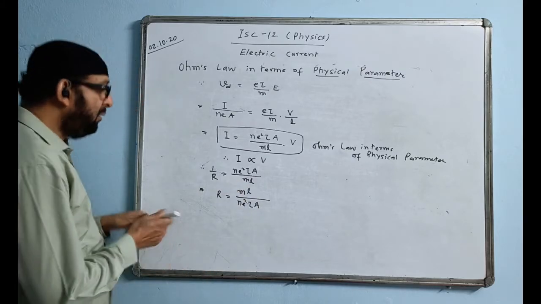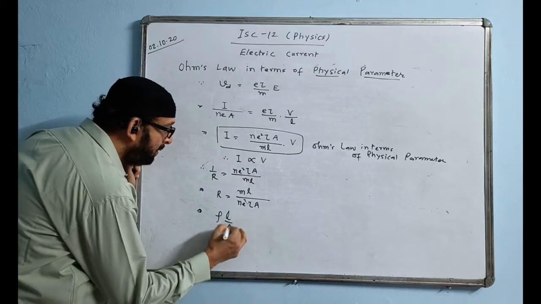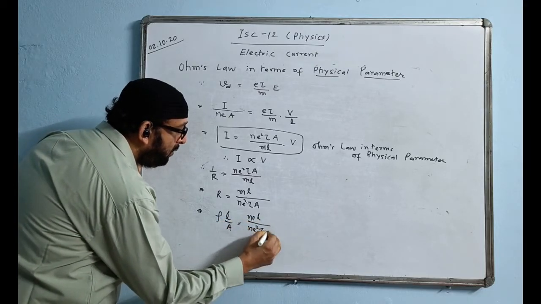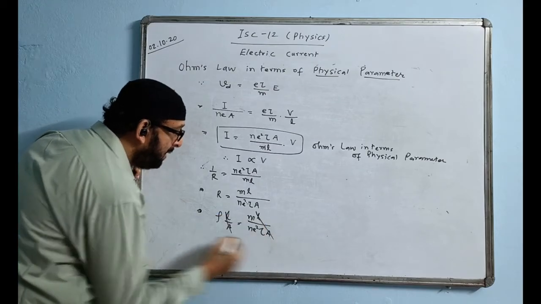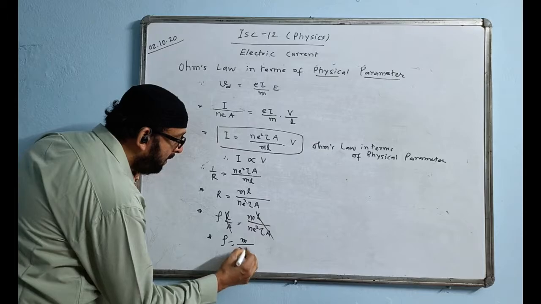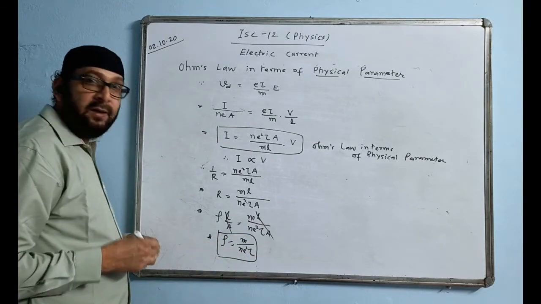If you continue a little further, R is equal to rho L by A, the resistivity, and here also write ml by n e squared tau into A. L by A cancels, and you get rho, that is m divided by n e squared tau. This is the formula of resistivity.